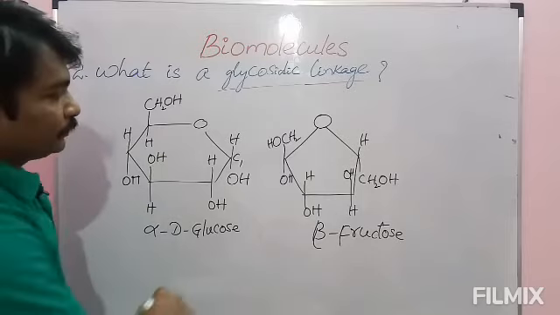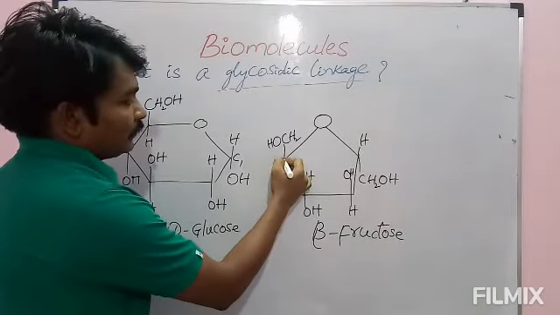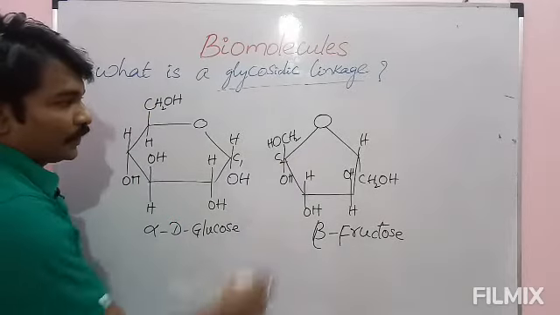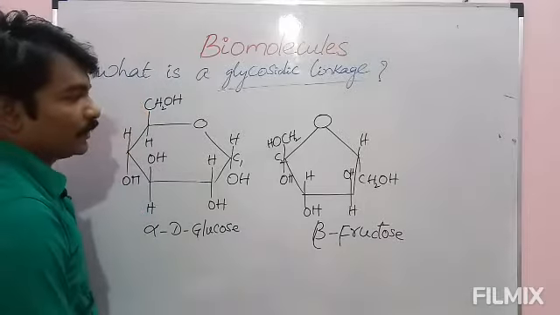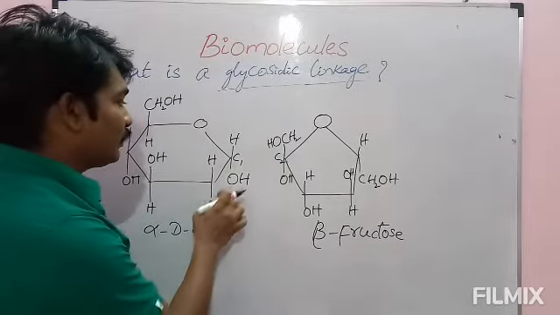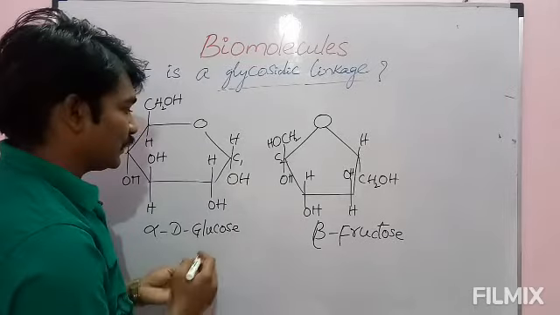This is the second carbon, C2: 1, 2, 3, 4, 5. Now the glycosidic linkage will develop between C1 and C2 when glucose and fructose join together.